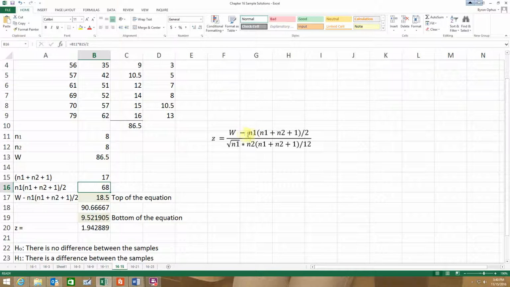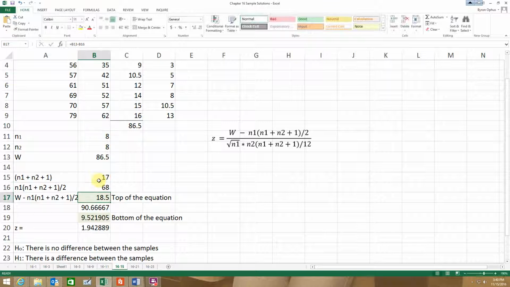Then I multiplied that by N1, because I got to do that before I do my division, because of the order, right? Multiplication is going to come first. I can do the parentheses first, obviously, and then the multiplication, and then divide by the 2. Actually, I did both in this step, so this is equal to my N1 times, in the parentheses, N1 plus N2 plus 1, which is my 17, divided by 2.